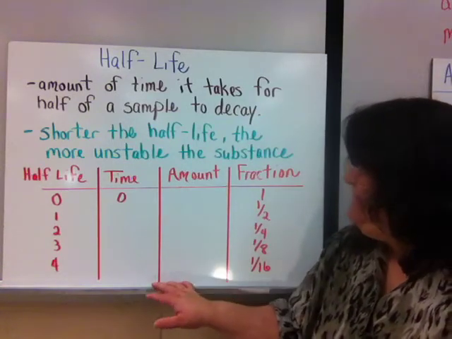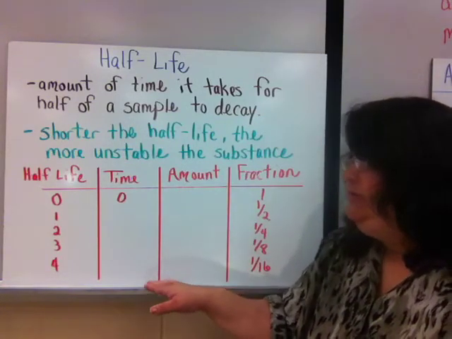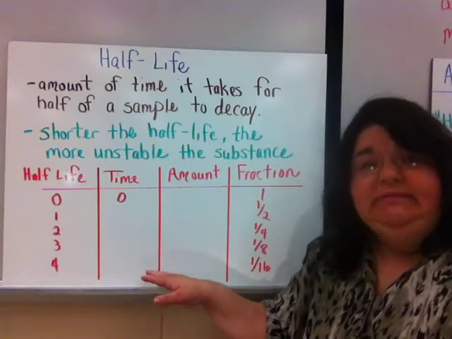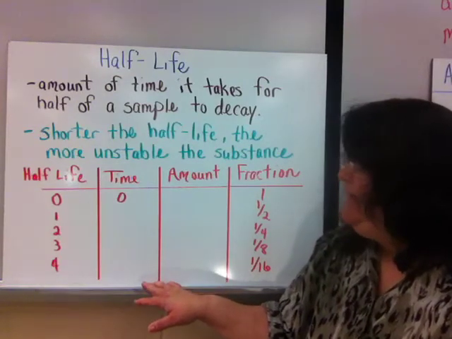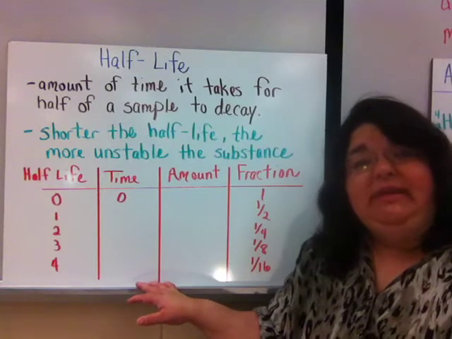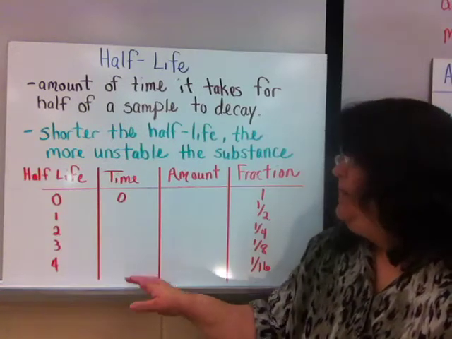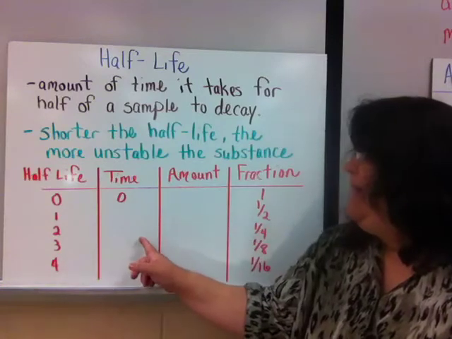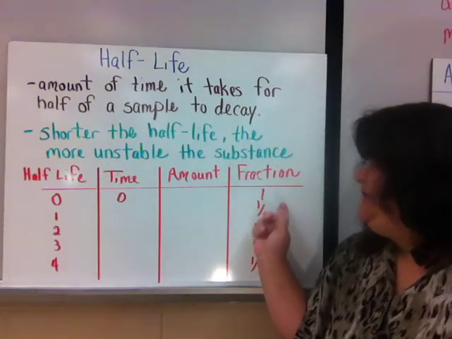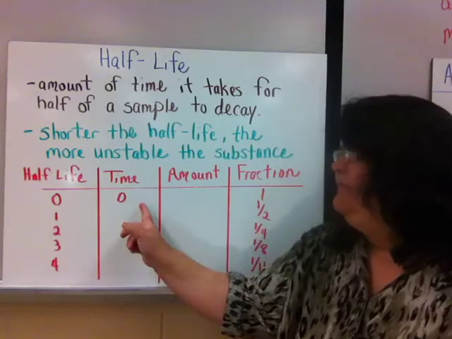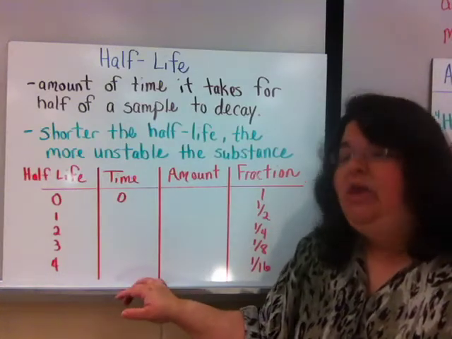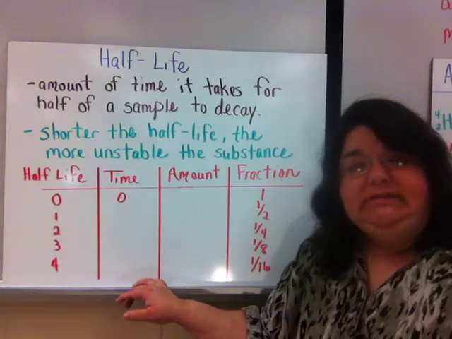Now, the best way to solve half-life problems is to memorize this chart. And what it does is it organizes for us everything we might possibly need to solve for. So we have half-life, time, amount, and fraction. Now notice that half-life and time both start at 0. Your time always starts at 0.